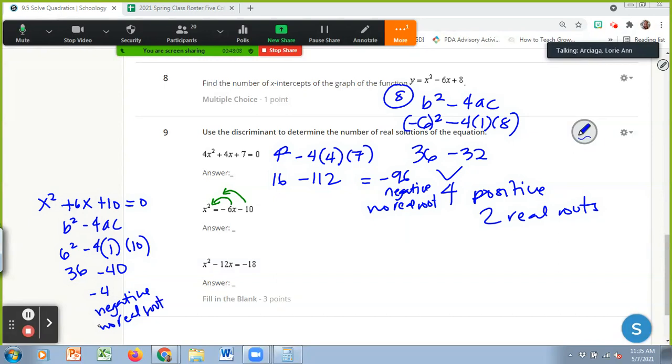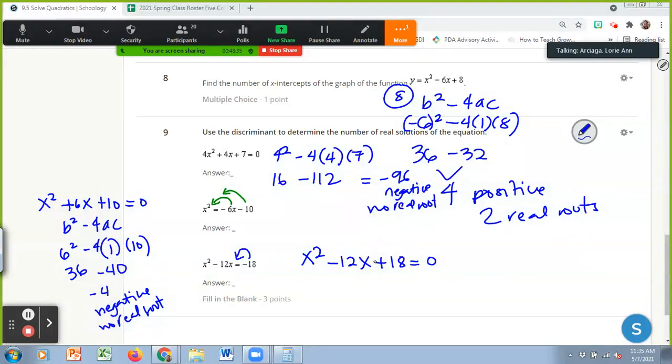That's in the word bank, right? Yeah, it shows in the word bank. Okay, and the last one. Oh, gotta move it again. X squared minus 12x plus 18 equals 0.